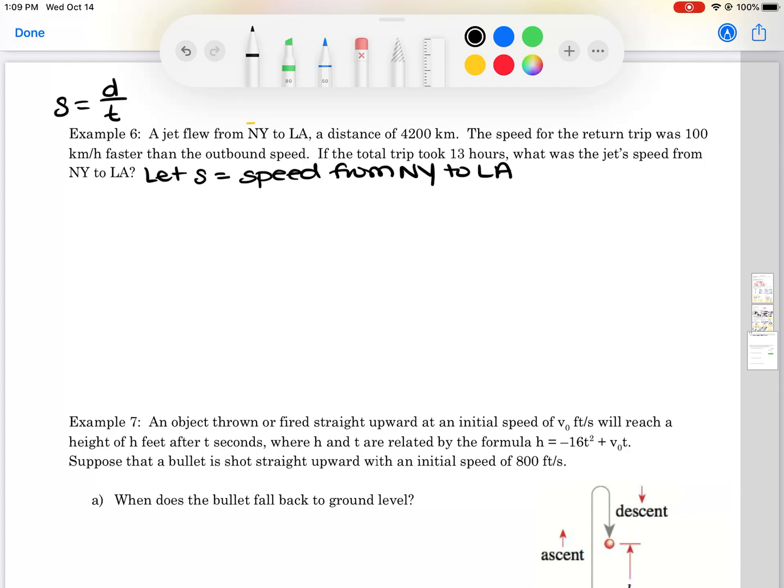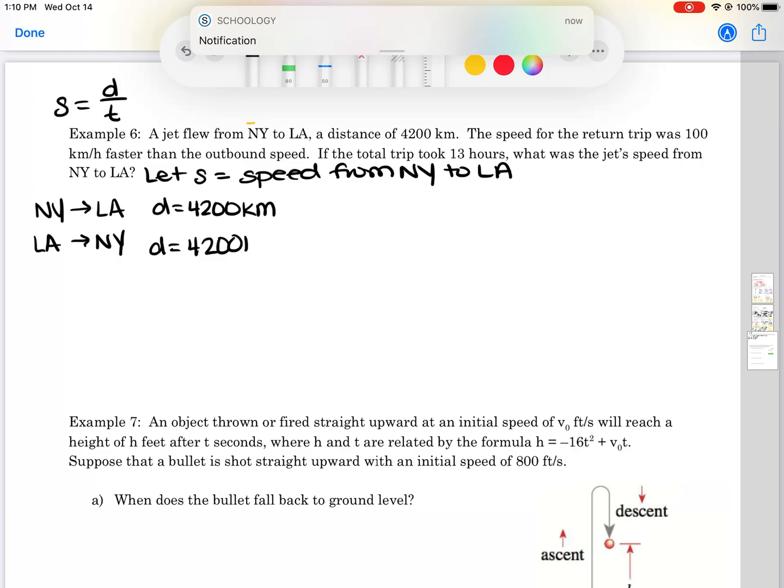We know that the distance, either direction, is 4,200, and we know some information about the speed. We're making this trip from New York to LA, and then this trip happens from LA to New York. So we know, regardless, that our distance is going to be 4,200 kilometers both directions.